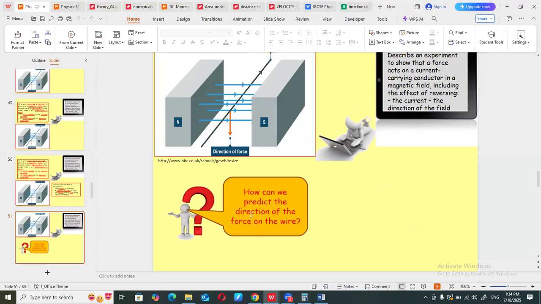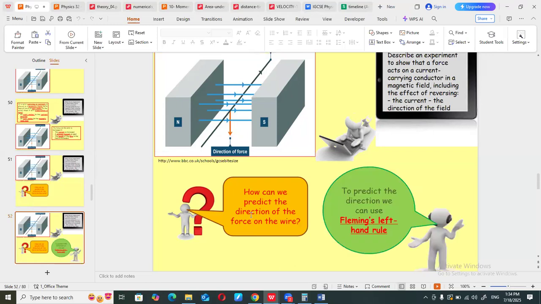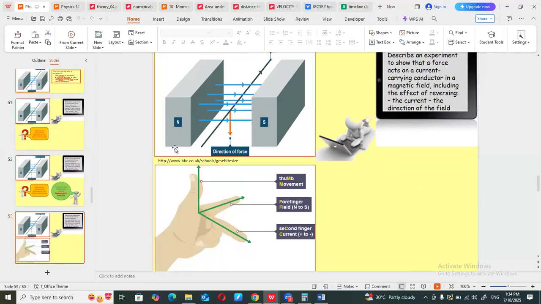The direction of the force can be given by a certain rule, and that is what we call Fleming left-hand rule. This is very important because this is the basis of the working of a motor, so you need to understand that. If you check this out, this finger is the direction of the permanent magnetic field from left to right.